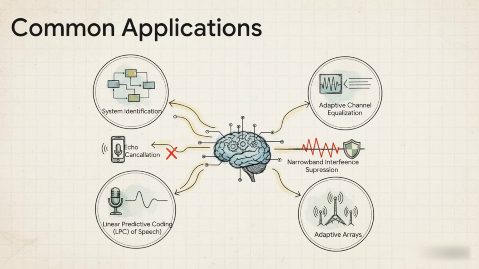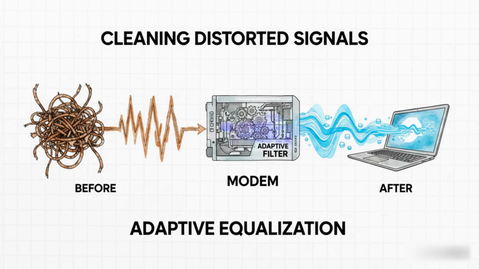It's a lot. But let's just pause on that channel equalization point for a second, because this one is huge. The only reason we were able to get high-speed DSL internet running over those ancient copper phone lines, the ones that were never ever designed for data, is because adaptive filters could learn the unique quirks and distortions of every single phone line and just cancel it all out in real time.